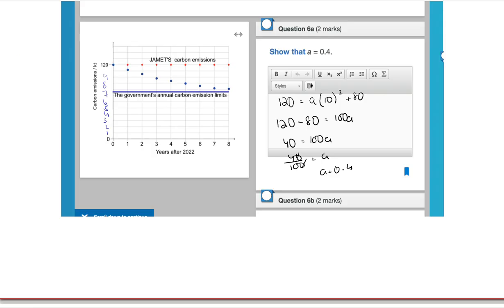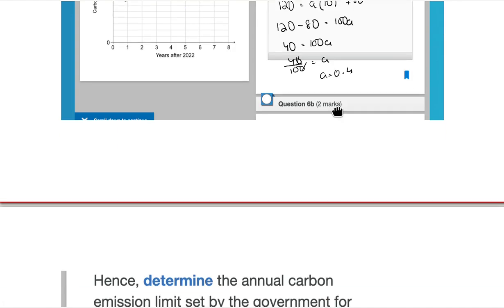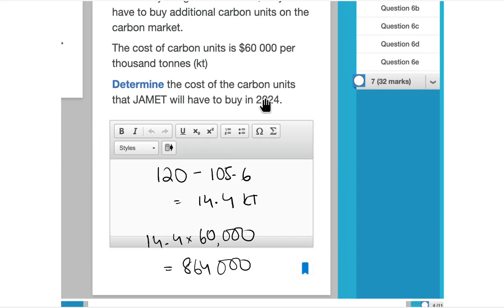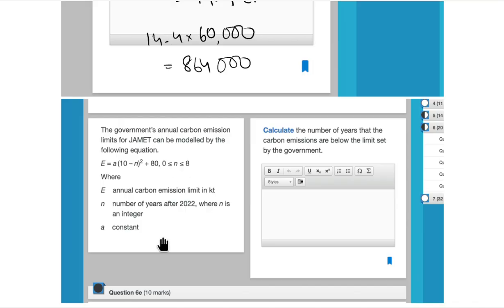Okay. What does the question say? Let me see the question again. Until what year was it talking about? Number of years. N is 8. Now look, what value of n? Basically, we have to find the value of n.